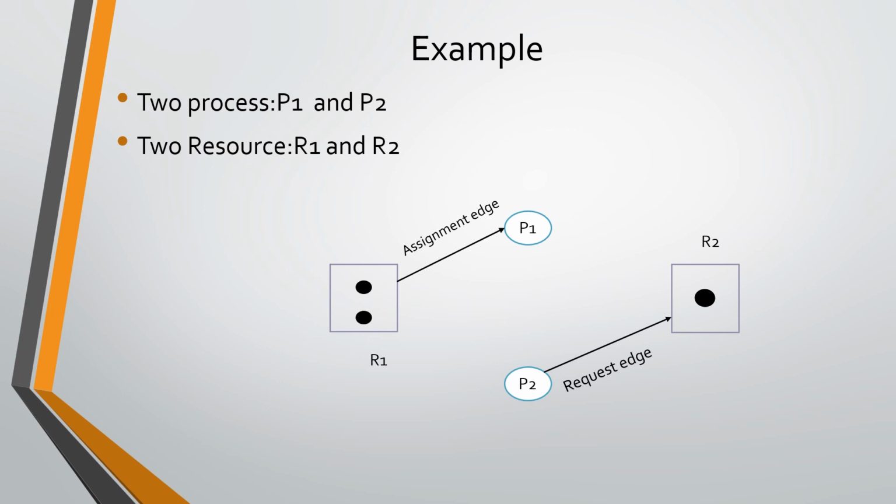Here in the first diagram, the process P1 is assigned the resource R1, and in the second picture, the process P2 is requesting the resource R2.